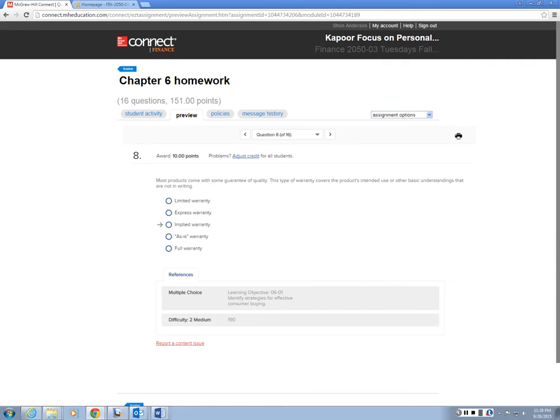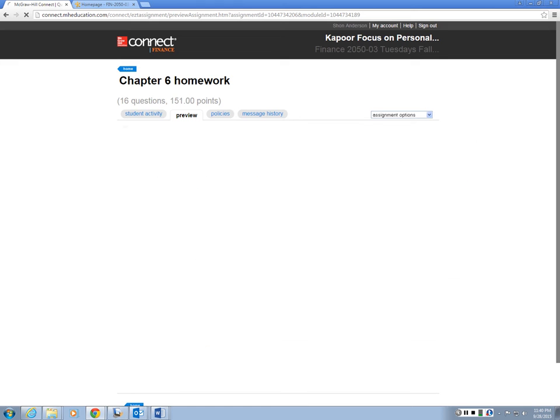We're going through it again. This is the warranty covers the product's intended use and basic understanding. So that's implied warranty. And those implied warranties are things like the warranty of merchantability, so it does what it says it's supposed to do, so it toasts bread if it's a toaster, and the warranty of title, so if you're selling that toaster, you actually have the right to sell it.